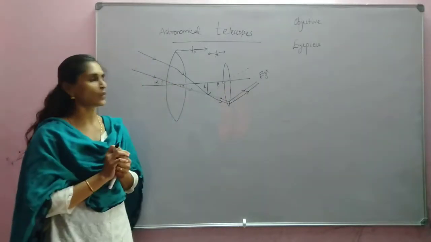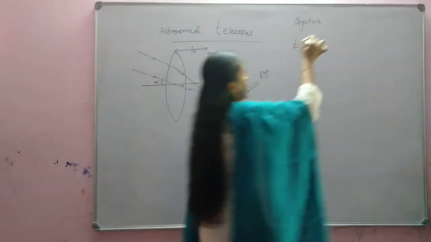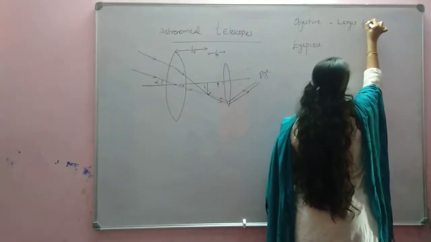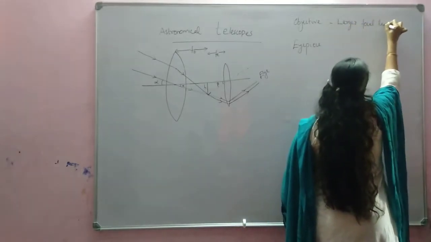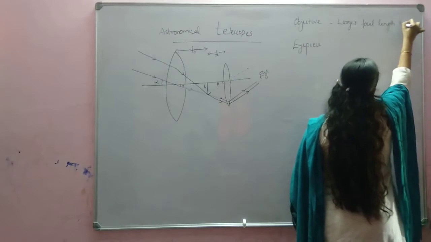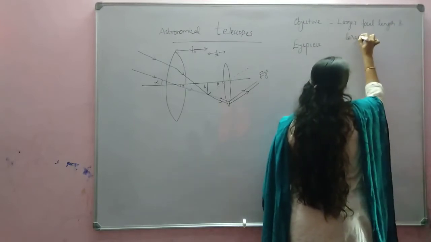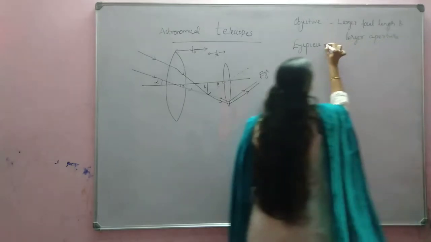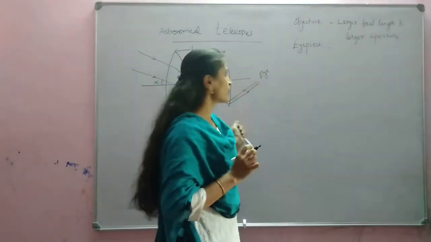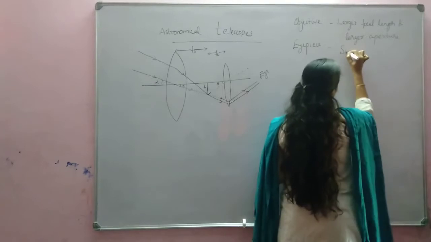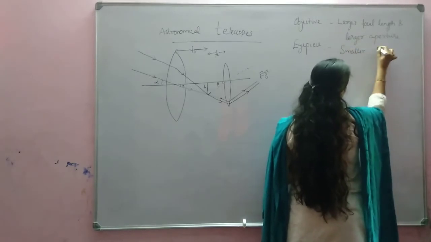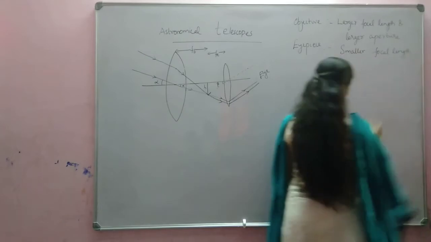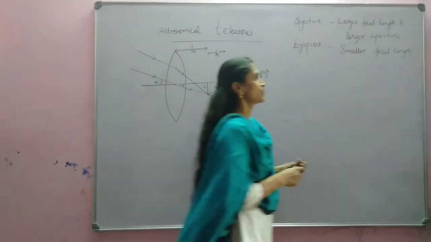From that diagram you can see that the objective should be of larger focal length and larger aperture, and the eyepiece is of smaller focal length and smaller aperture.